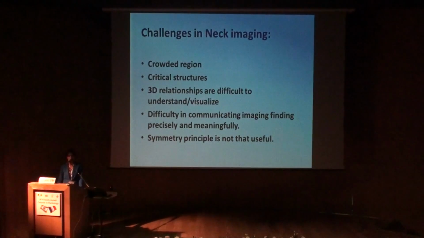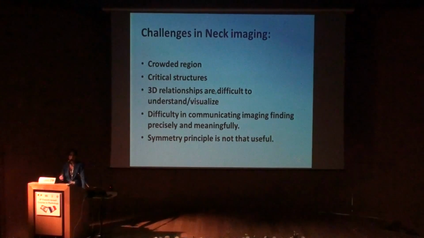So what are the challenges in neck imaging, and why do we all leave those cases to be done last? It's a crowded region with a lot of critical structures, airway, important vessels, the nose, and the 3D relationships are difficult to understand and visualize.